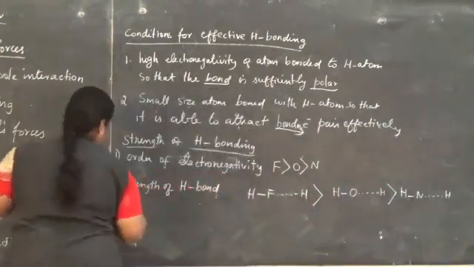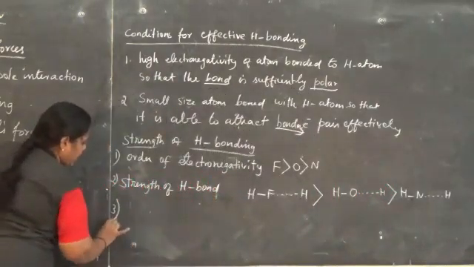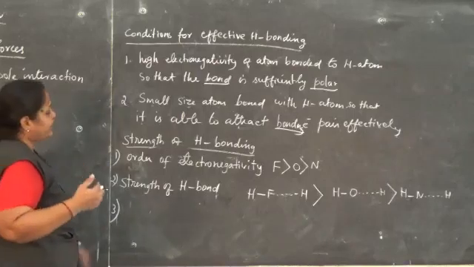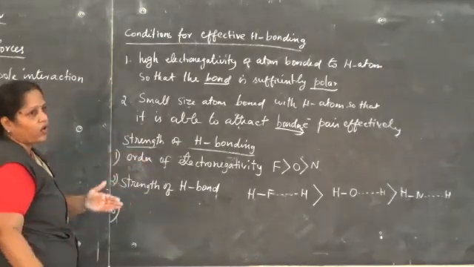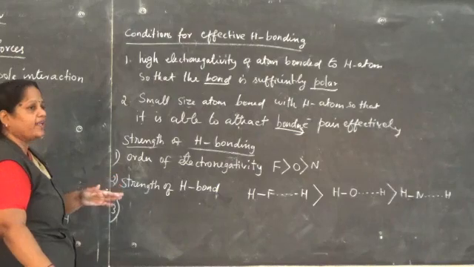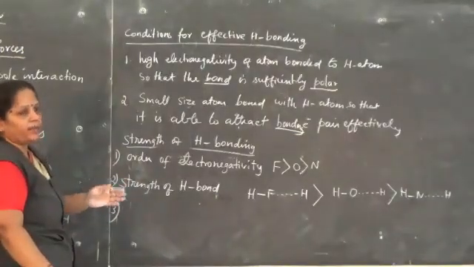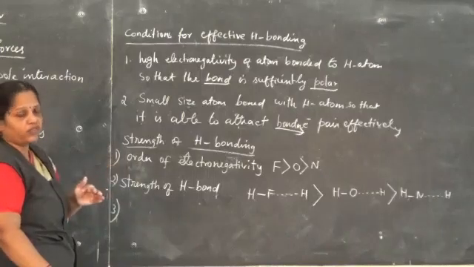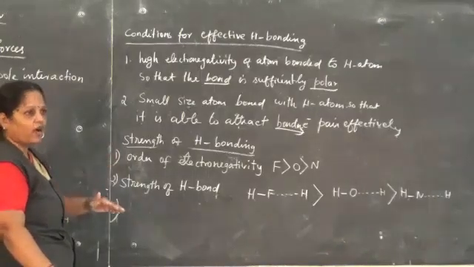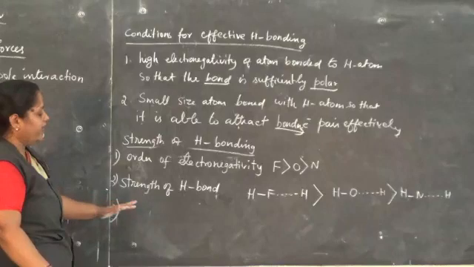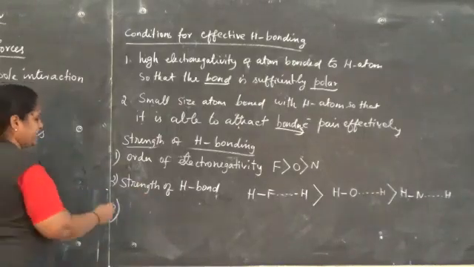Next, third point. Hydrogen bond is weaker than covalent bond and weaker than ionic bond, but hydrogen bond is stronger than dipole-dipole interaction and van der Waals force. So, what is the correct order of bond strength between different bonds? Listen.